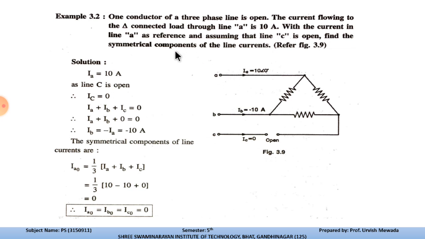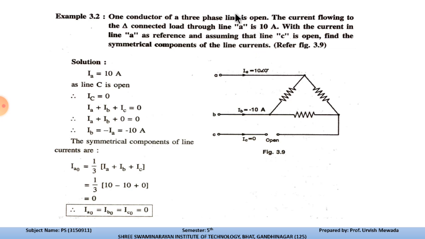So let us start with IA equal to 10 ampere, that is given. As line C is open, IC is equal to 0. Then for the symmetrical components, IA plus IB plus IC is equal to 0, and we put IC equal to 0. So IB is equal to minus IA, that is minus 10 ampere.